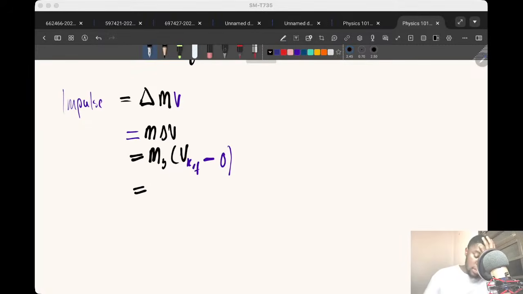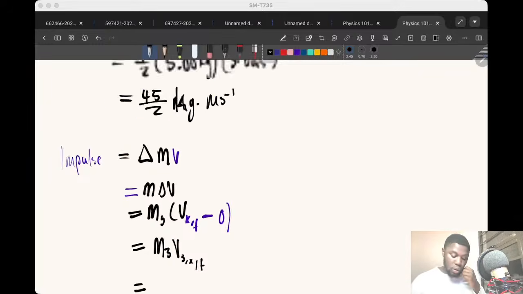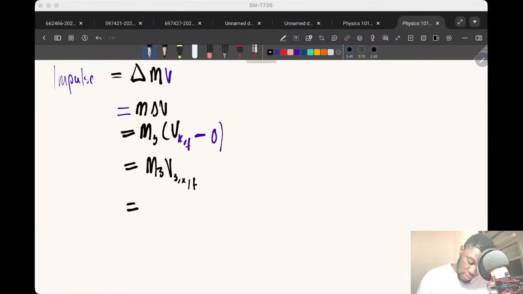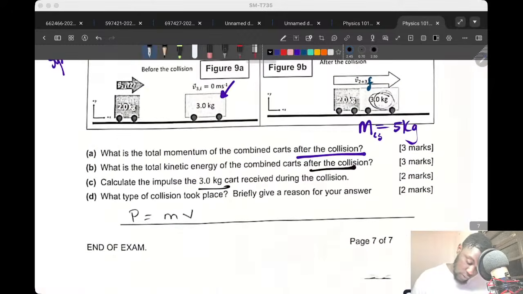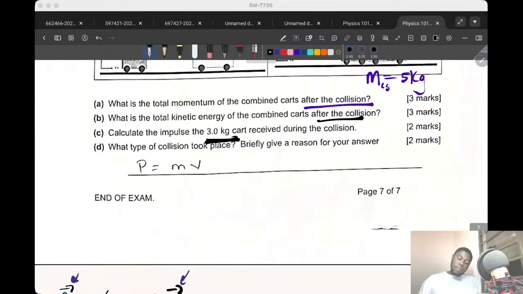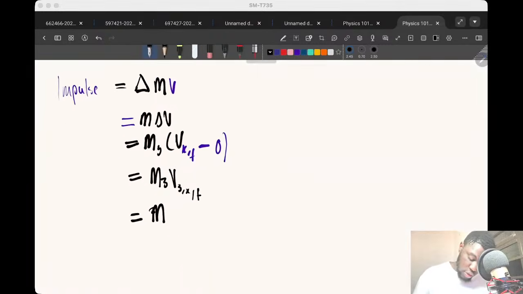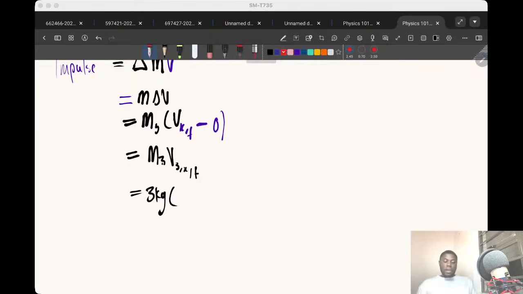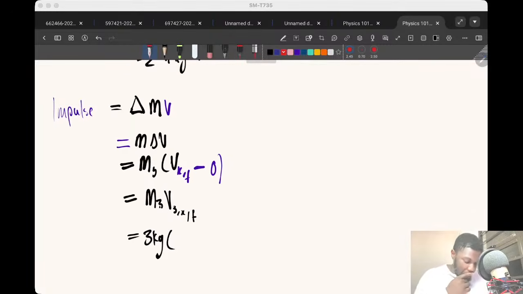This becomes m3 times the final velocity of 3 in x, which is the mass of 3 kg times the final velocity.